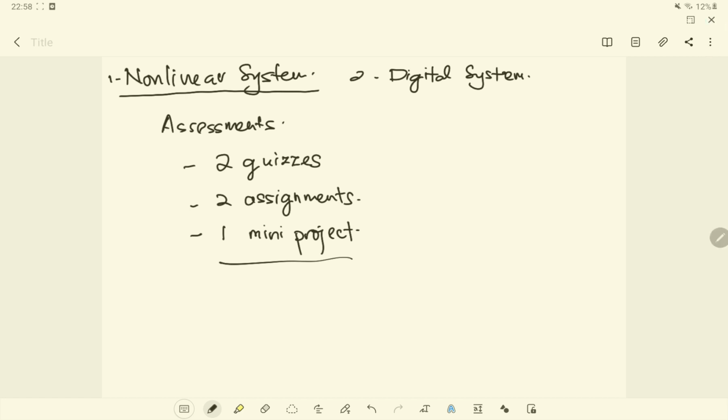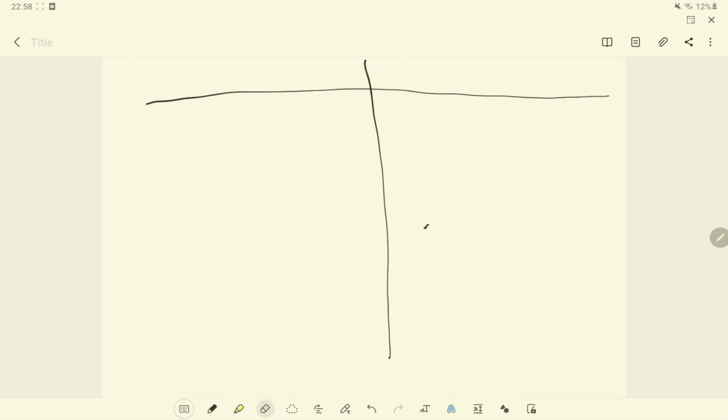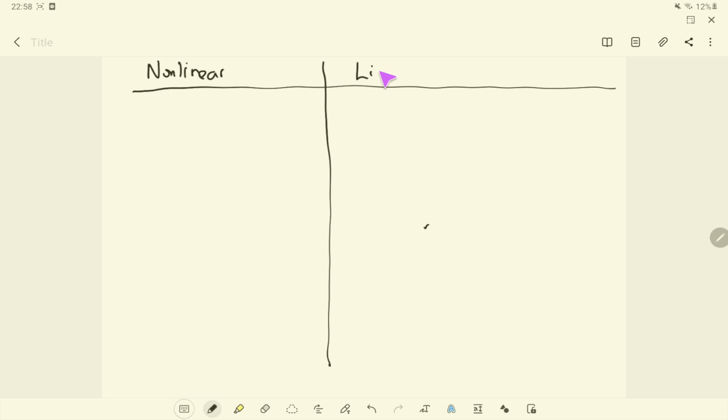Okay, so for today's lecture, nonlinear systems. So what is a nonlinear system? Let's compare between nonlinear and linear systems. So this is nonlinear, and this is the linear system.